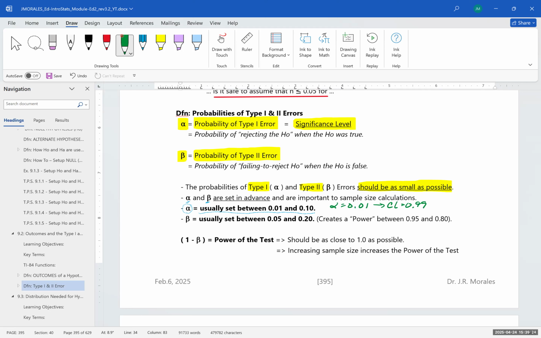If the significance level was 10%, then the corresponding confidence level would be 90%. So it's not really typical to have a confidence level lower than 90 or 99, right? So you're going to be seeing significance levels typically between 1 and 10%.